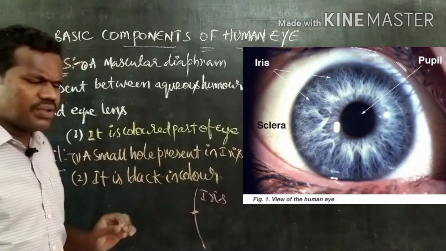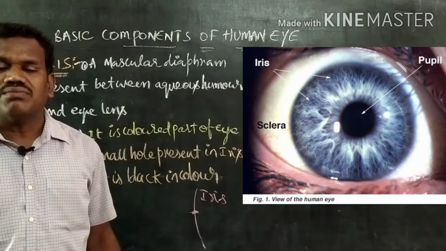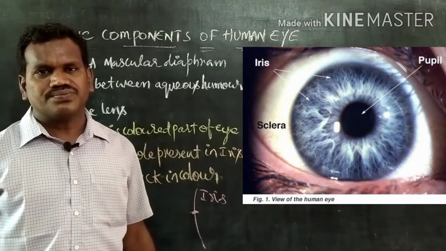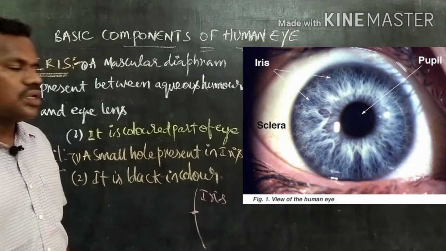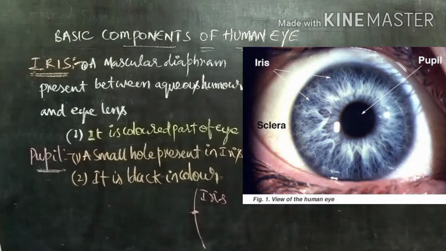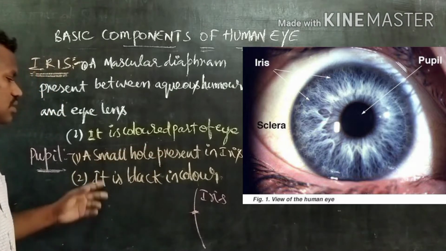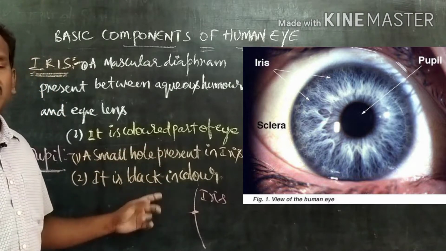That hole is very small, we can't observe it easily, but it is there in our eye. That small hole is called the pupil. What is the use of this? We will discuss it now. It is generally black in color.